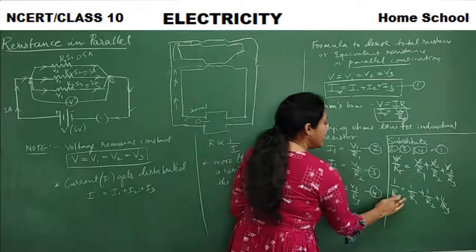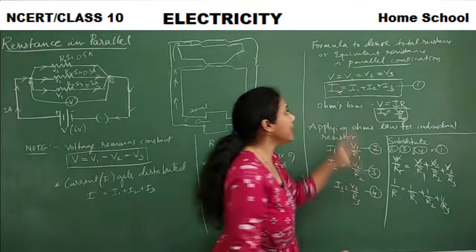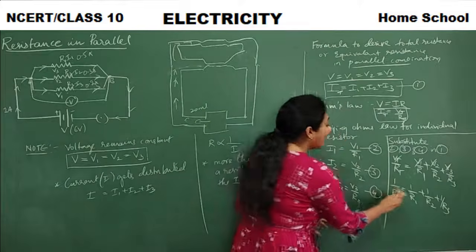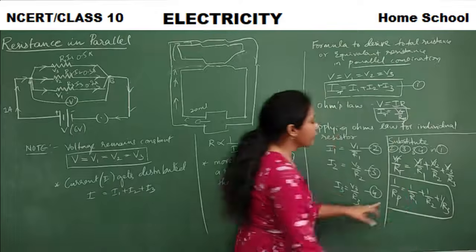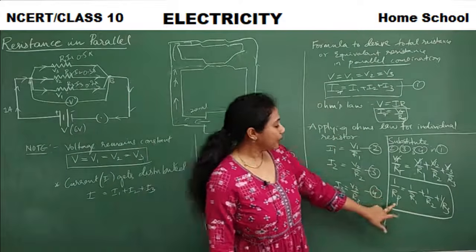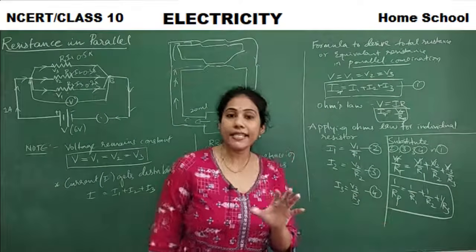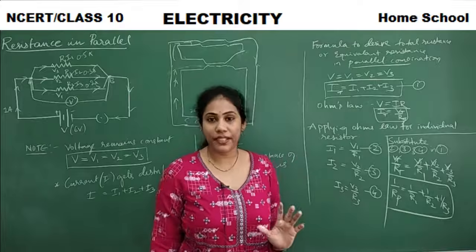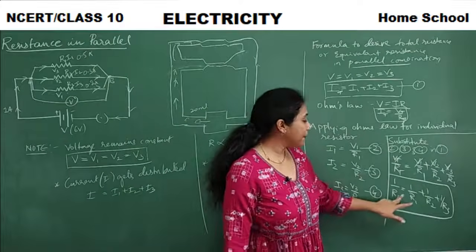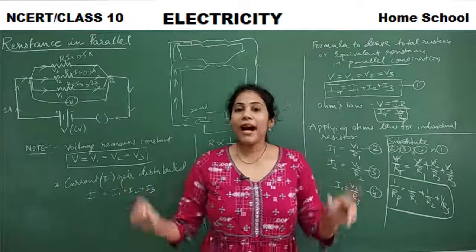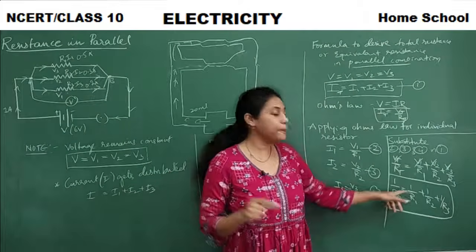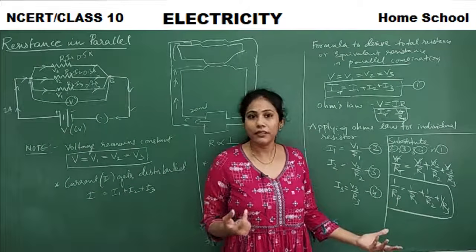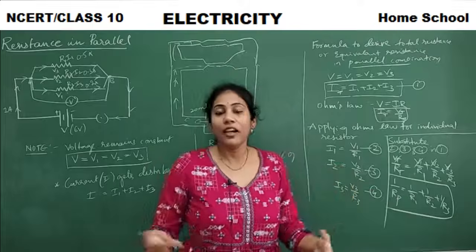Since we are observing a parallel combination, I call the total resistance Rp. This is the formula to calculate the total resistance of a parallel combination: 1 by Rp is equal to 1 by R1 plus 1 by R2 plus 1 by R3. It is the reciprocal of series.